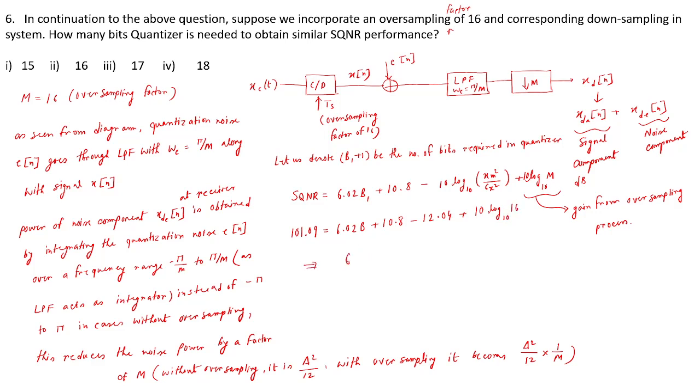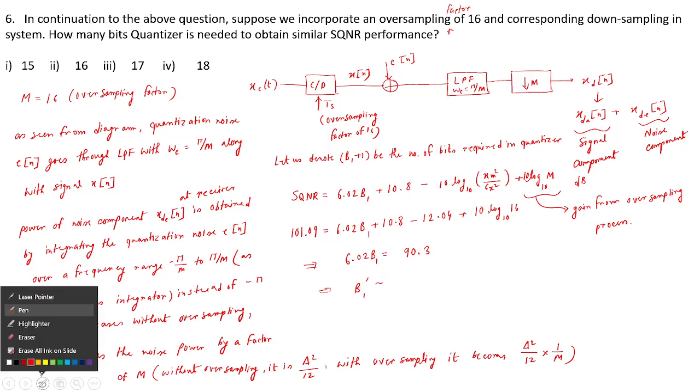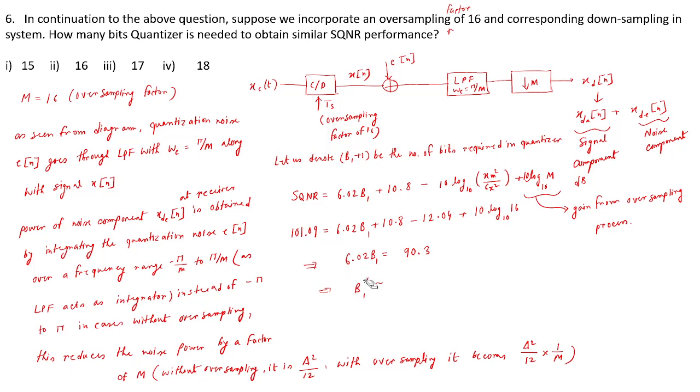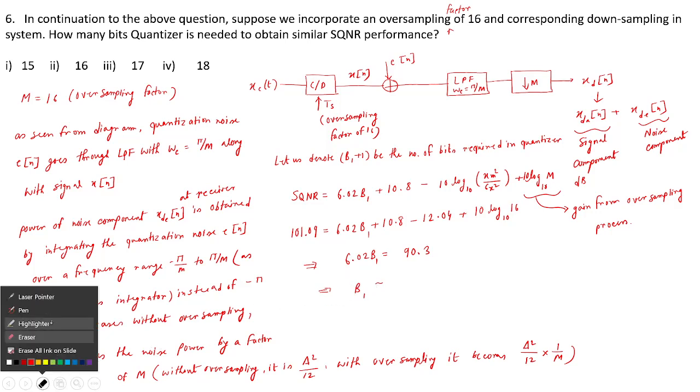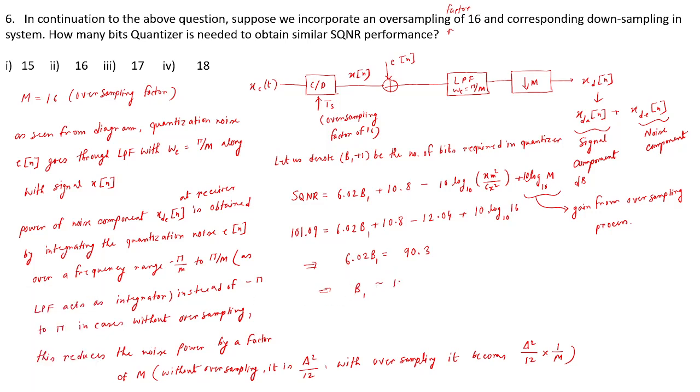This leads to 6.02b being 90.3. That means the b value you are obtaining, sorry, b1 comes out to be roughly 15.